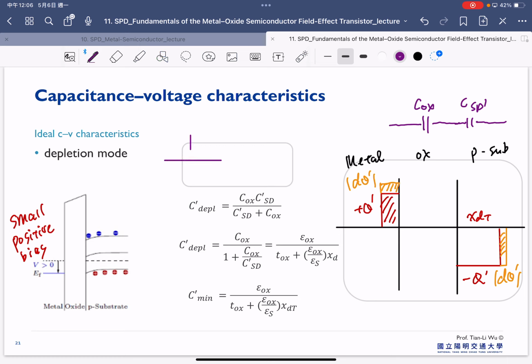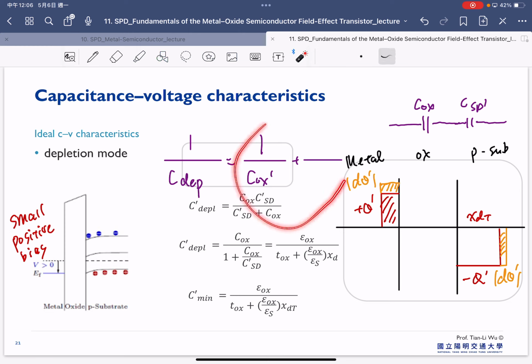is equal to the capacitance of these two. Because these are capacitances in series, we usually write it in this way.